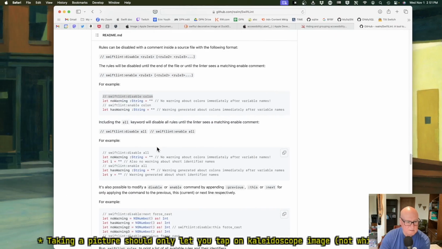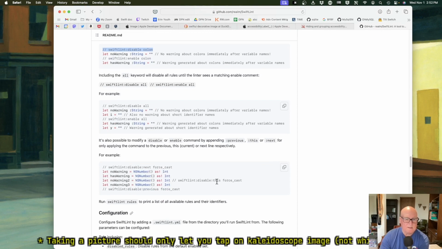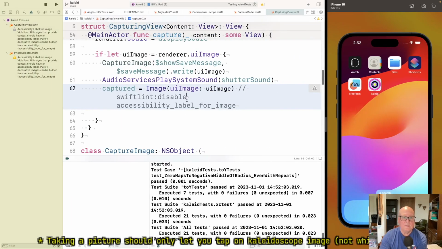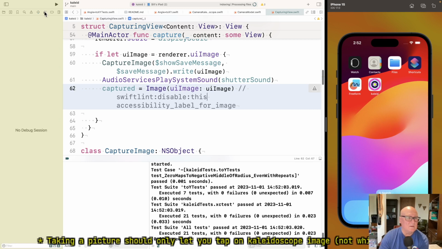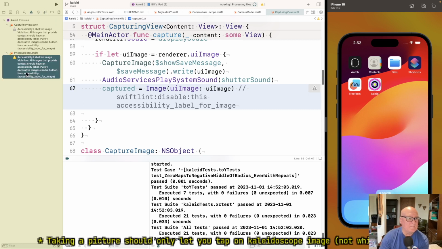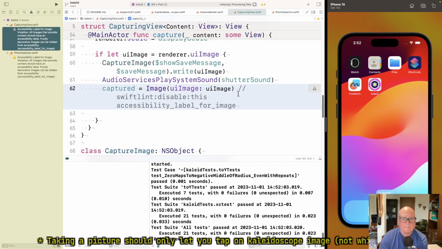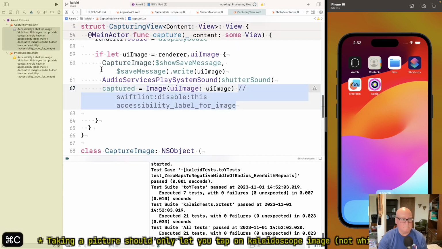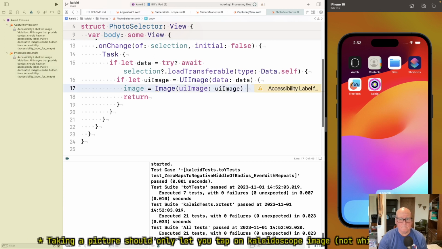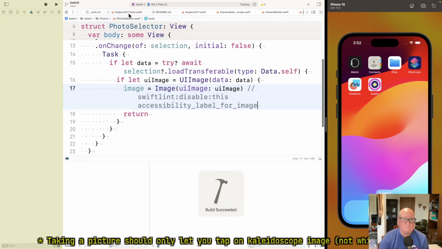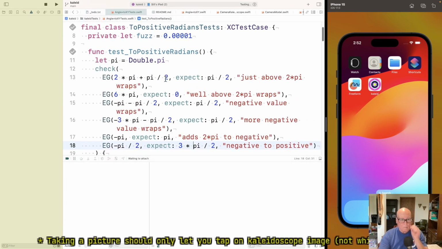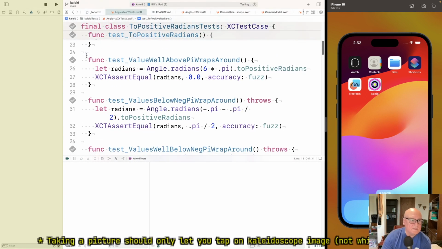Oh, I was trying to do that the right way for a one line. Disable colon this. Okay, well that's good. Let's fix this last one. Oops. Okay, and then these tests can go.